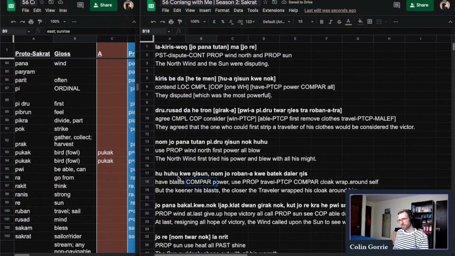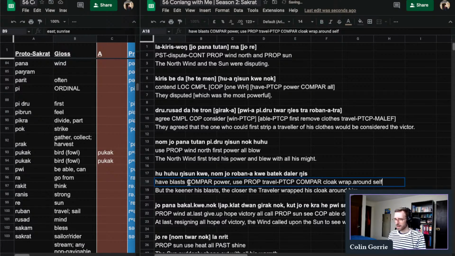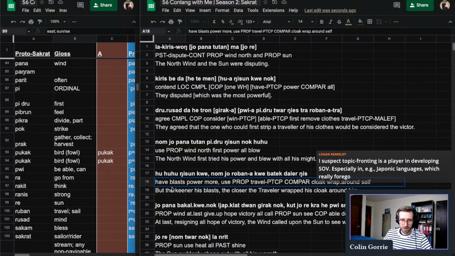And then the question is, where's this comparative? So this que is coming from a verb meaning to surpass. So have blasts power. I want to say this should come at the end. So have blast power surpass. Let's just gloss it as more. Have blasts power more, meaning the blast had more power.